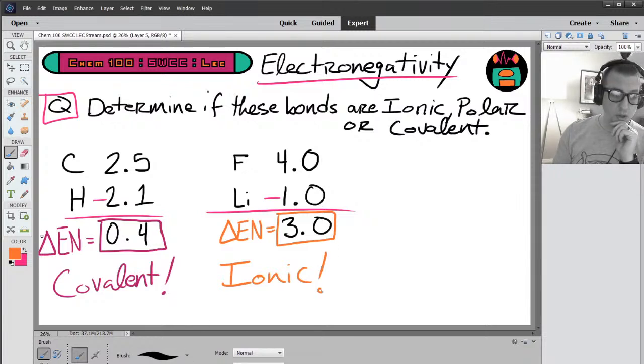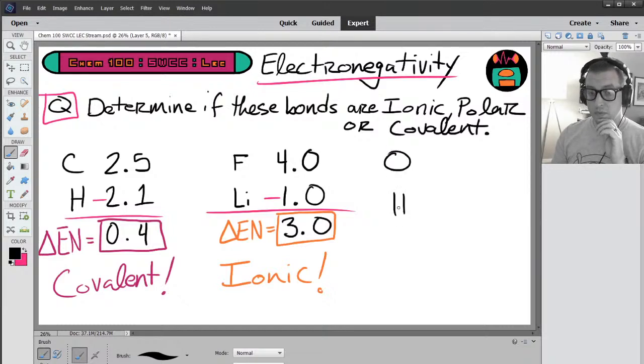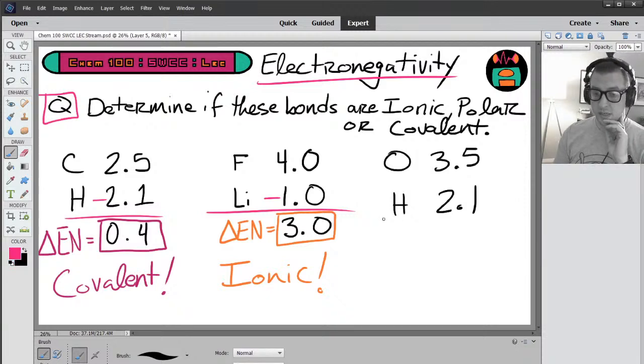All right, looking at one more example. Let's examine the bond formed by oxygen and hydrogen. Oxygen's electronegativity is 3.5. Hydrogen's electronegativity, we've already seen, is 2.1. And so the difference in electronegativity here comes out to be 1.4.